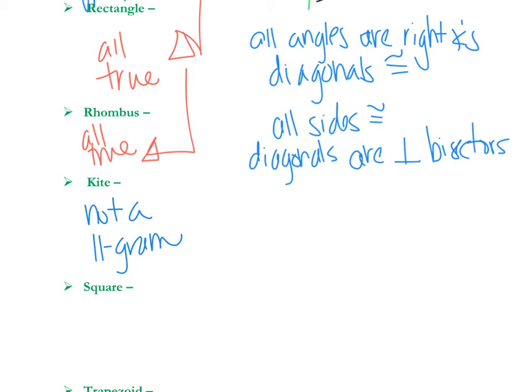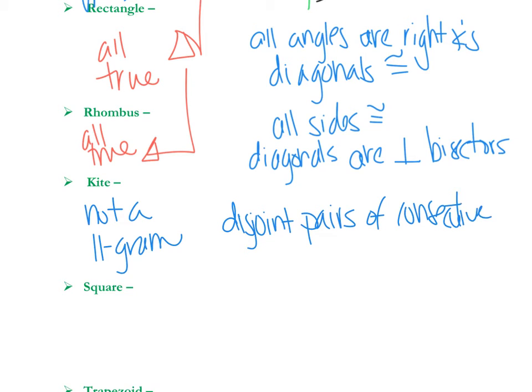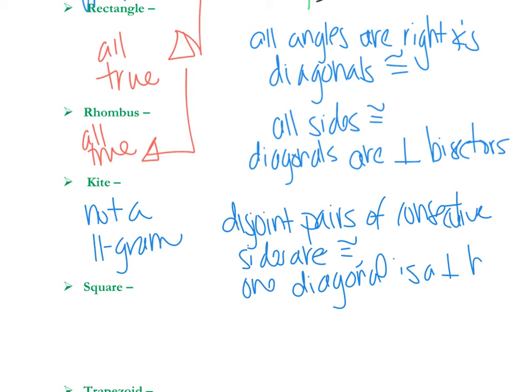A kite has disjoint pairs of consecutive sides that are congruent, and one diagonal is a perpendicular bisector.